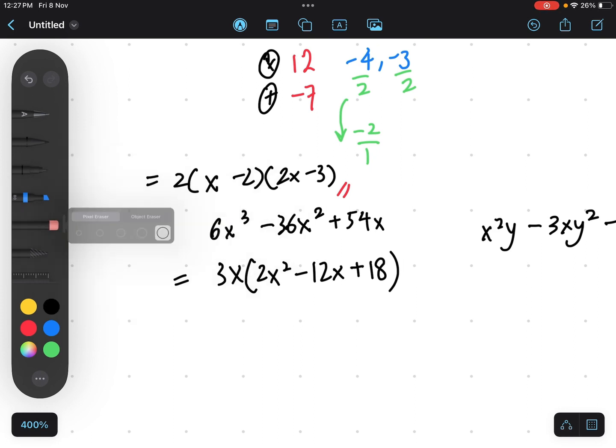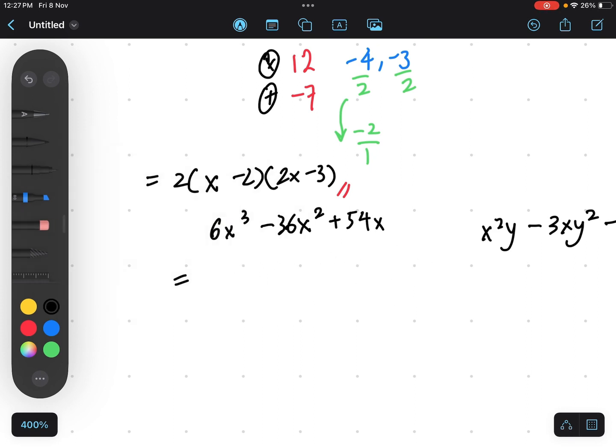So we're rewriting this, because you want to take out as much as possible. So we can take out actually 6 at this point. So 6x, x squared, minus 6x, plus 9. Voila. So that is our factorized one after we factorize everything.